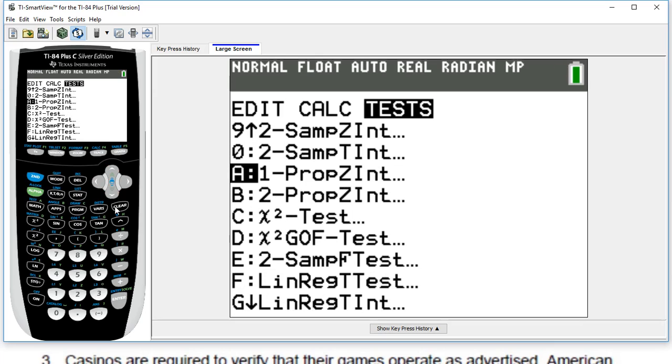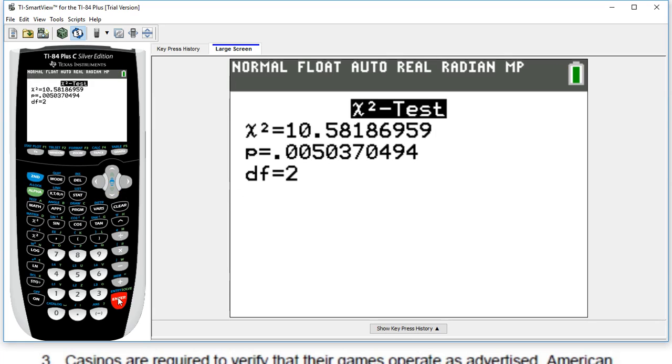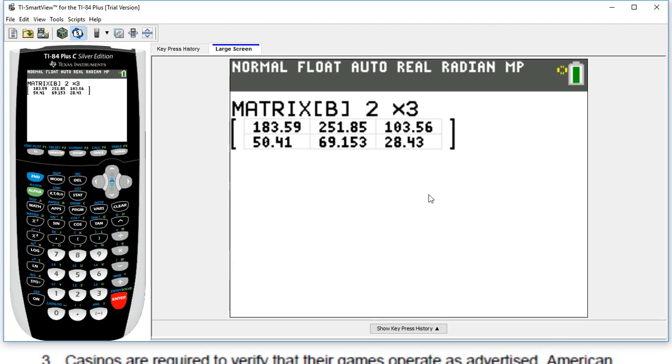Oh, I always do too many pushes. Okay. Calculate. 10.58, 0.0050, and then we do second matrix, edit, look at matrix B for our expected.